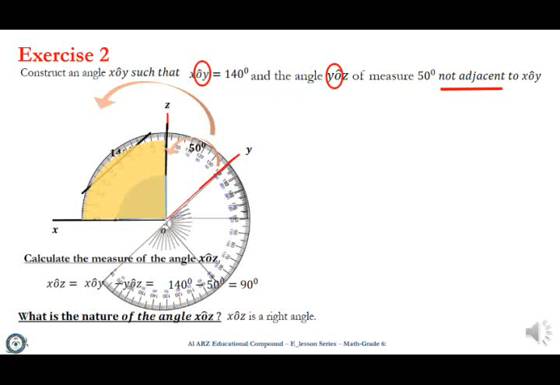You're taking away YOZ, and you will be left with XOZ. So you do 140 degrees minus 50 degrees, and you get 90 degrees. Of course, they will ask you about the nature of the angle XOZ. Since the measure is 90 degrees, the angle is a right angle.